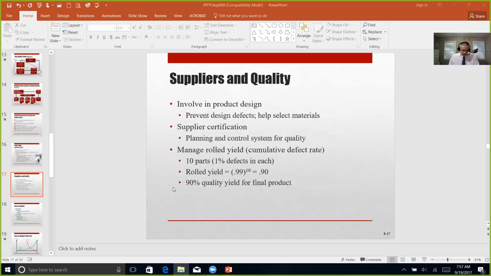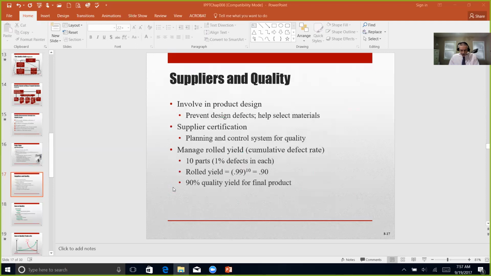So let's say that we had another example where we had 10 components that had a 95% effectiveness rate, and all 10 components had the very same effectiveness rates, which means we have a 5% defective rate.